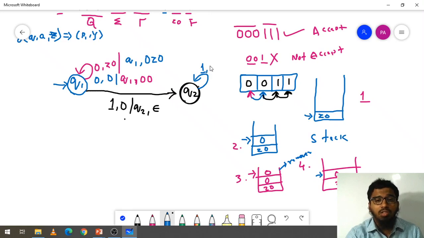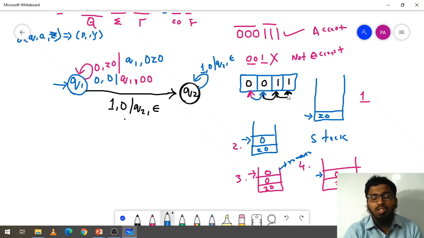So 1 comma 0. Whenever we have 1 comma 0 with an equal number of zeros and ones, at that time we need to take Q2 epsilon. So whenever we have Q2, 1, 0, it goes to Q2 epsilon.